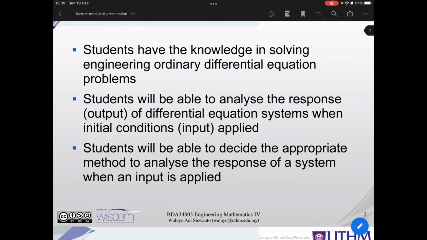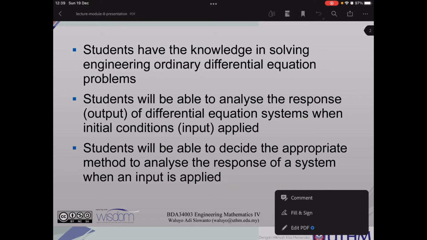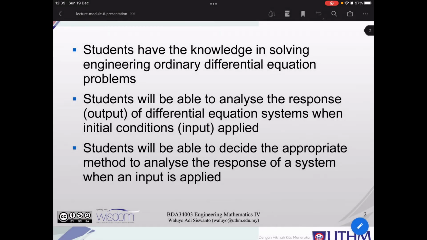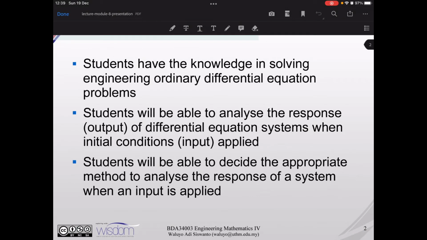So, basically from this topic, the most important thing is that we can know the method to solve ODE problems, for example, if we want to analyze the response output of a differential equation system when initial condition input is applied.